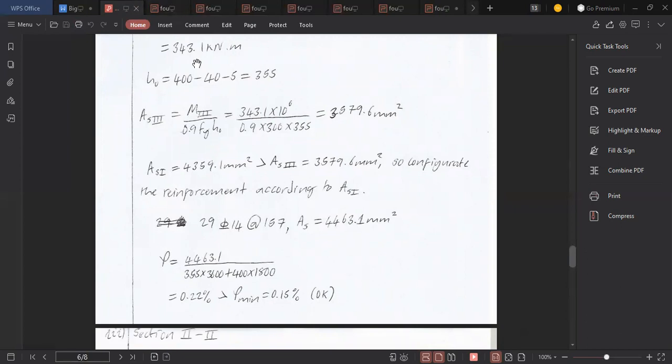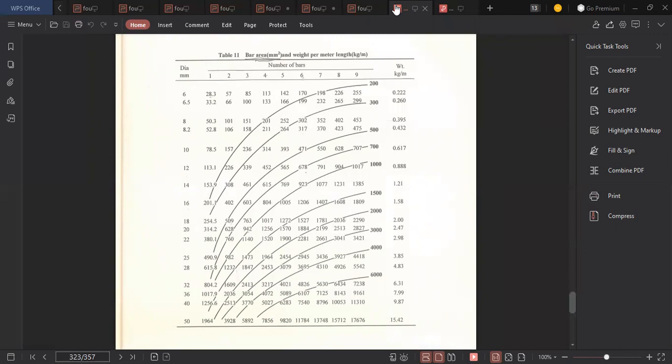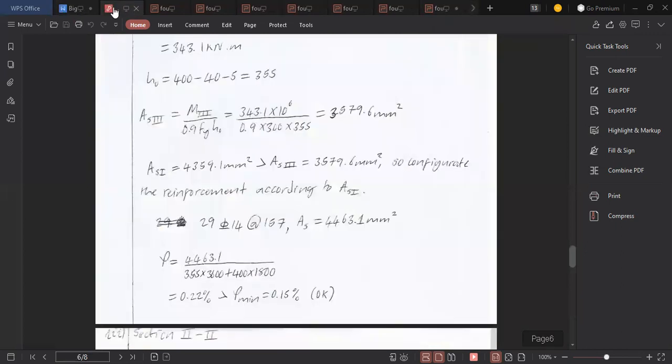I used 16 on this one. For 14, that's 153.9. Okay, so it's giving us that value. Right, so that's what she chose.